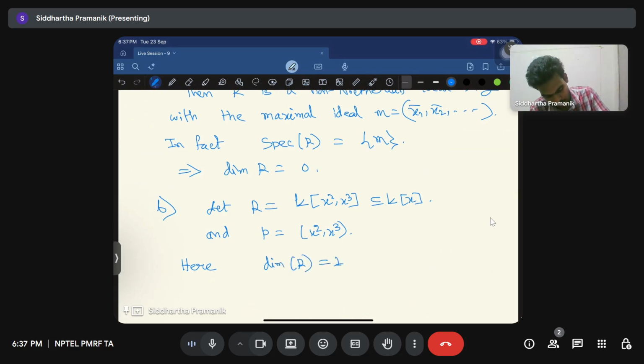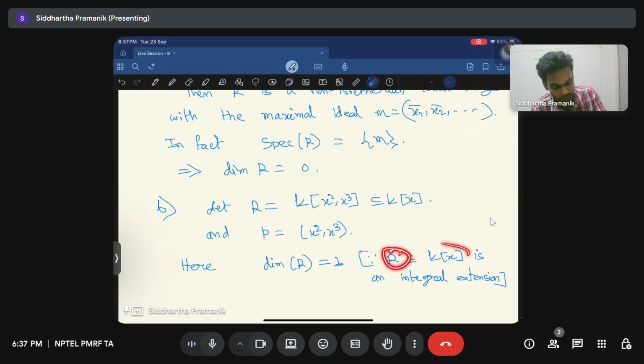This we have seen in the earlier live sessions, because R contained in K[x] is an integral extension. Since this is an integral extension, the dimension of R is the same as the dimension of K[x], which is 1.